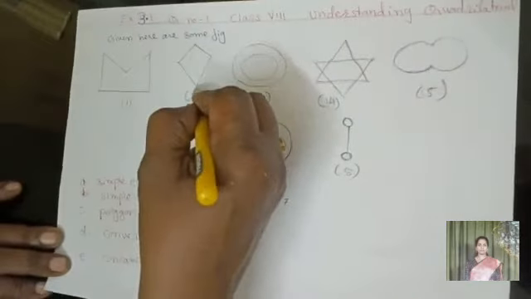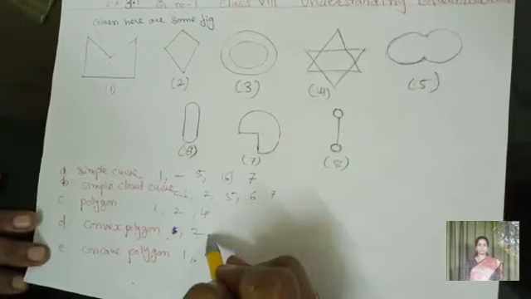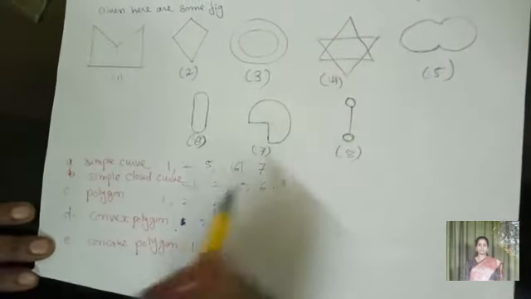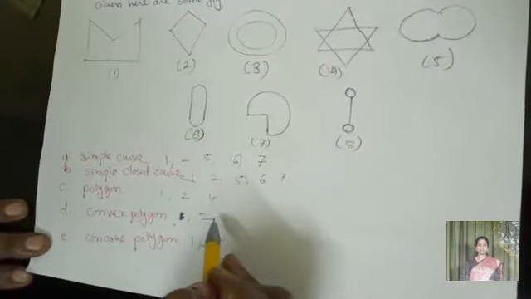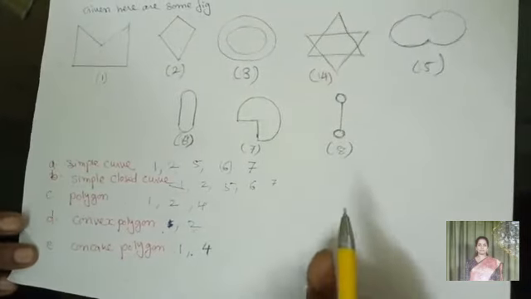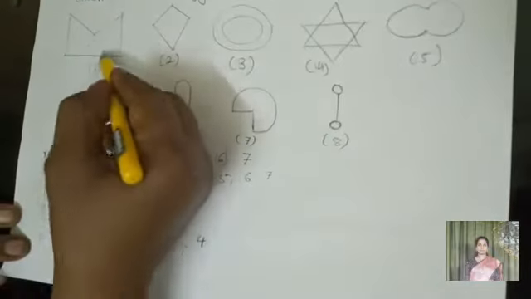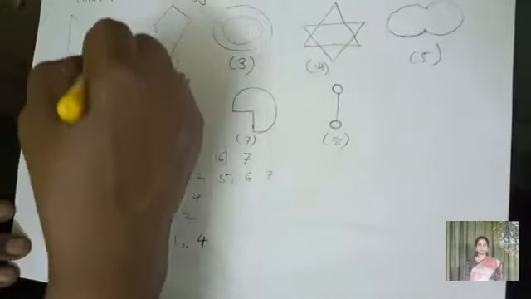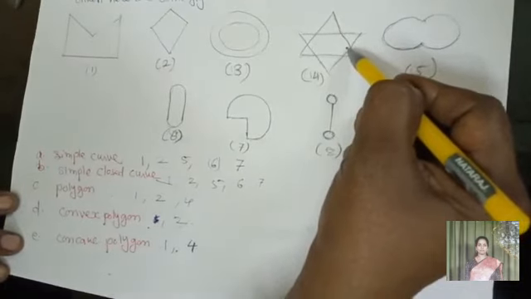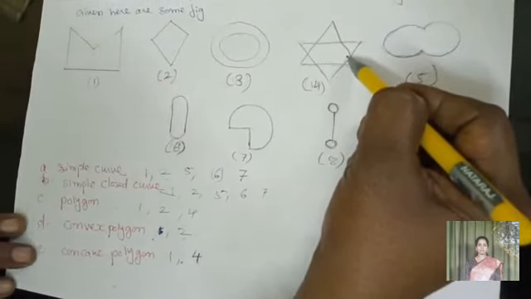So example 2 is a convex polygon, whereas concave means whose diagonal will lie outside the figure or outside the polygon. In the first case, it is a concave polygon, and fourth is also a concave polygon because its diagonal lies outside the figure.